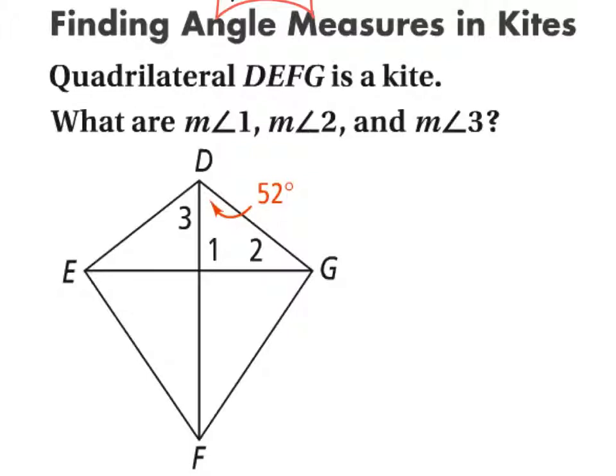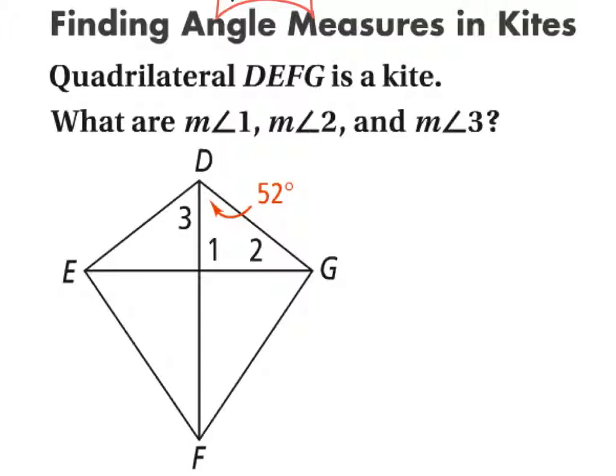So for our first example, finding angle measures in kites, it tells us that we have a quadrilateral DEFG and it's a kite. We want to know what the angles 1, 2, and 3 measure. So first off, looking at this kite, I want you to identify which sides are congruent.